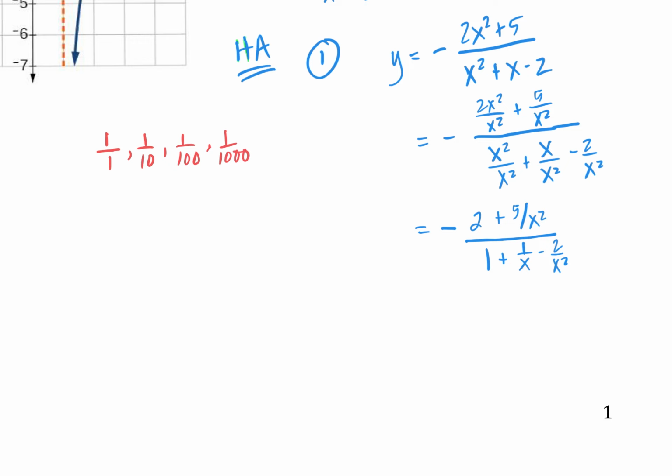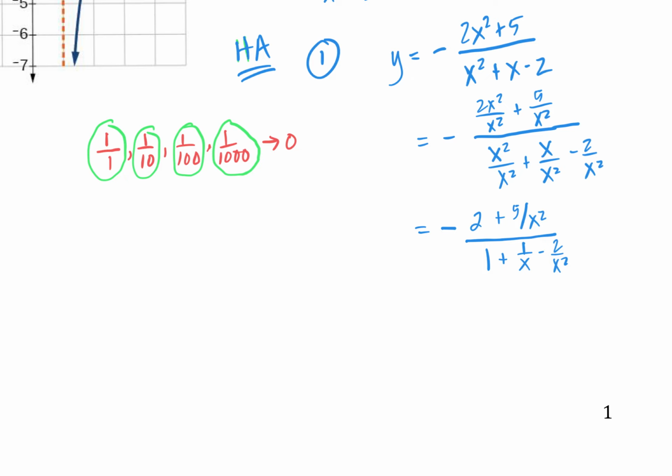Think about what's happening to that fraction as a whole. We have 1, 0.1, 0.01, 0.001. I might be messing up my zeros, but hopefully you can see that as the denominator grows, the fraction is getting closer and closer to 0. Again, this concept comes up a lot in calculus.